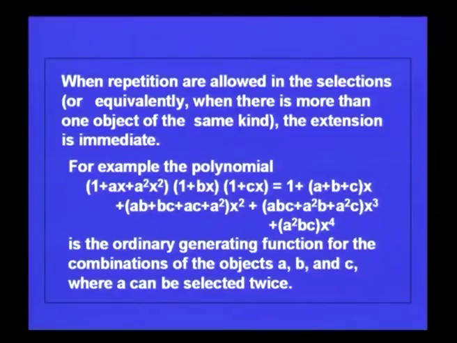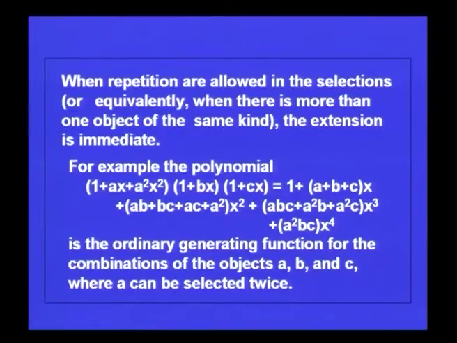When you allow repetitions, what happens? You are having 3 objects A, B, C, but you allow repetition now. For A, you can choose it either once or twice, and B and C you can choose only once. In that case, how does the generating function look like?